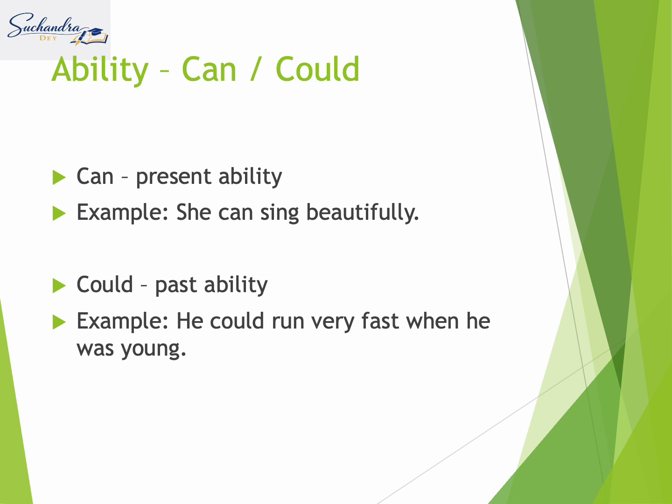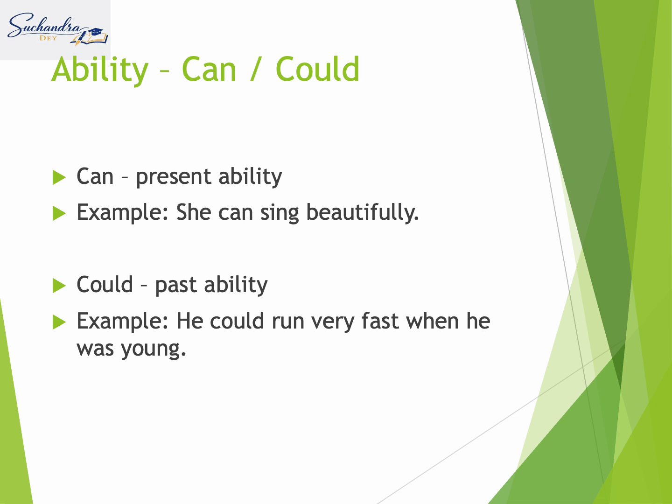Now the types of modals. The first one to begin with, ability. In this we have two modals, can and could. Now let's understand modals of ability. Can shows present ability. She can sing beautifully.